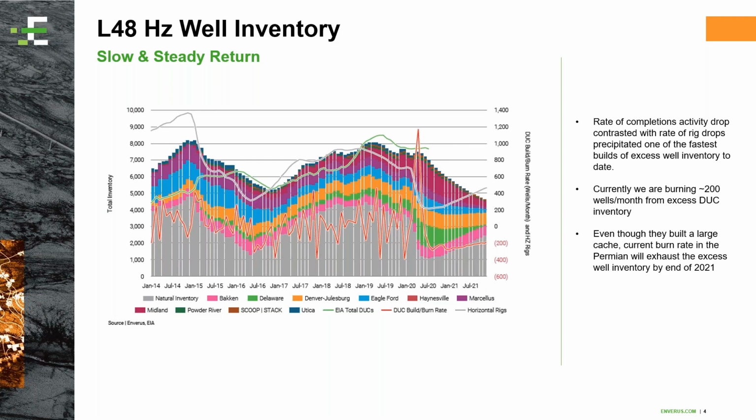When we looked at that last chart, we saw that the discrepancy between the timing of the completions activity drop, preceding the drop in rigs, led to, if you look at that red line going up to 1200, us building DUCs through that time period at one of the fastest builds that we've ever seen.